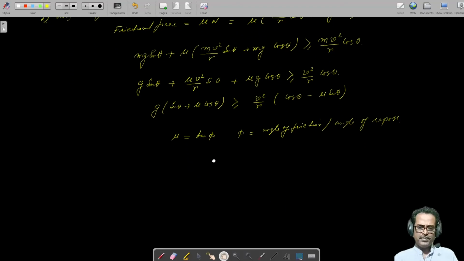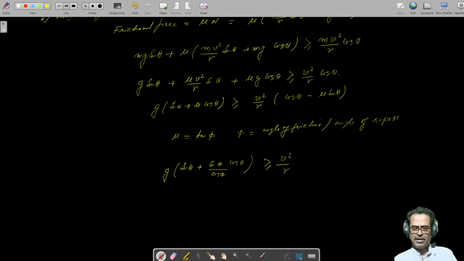Therefore, g into (sin theta plus tan phi, that is sin phi by cos phi, into cos theta) greater than or equal to v square by r into (cos theta minus sin phi by cos phi into sin theta).